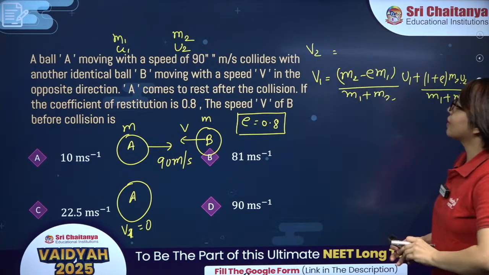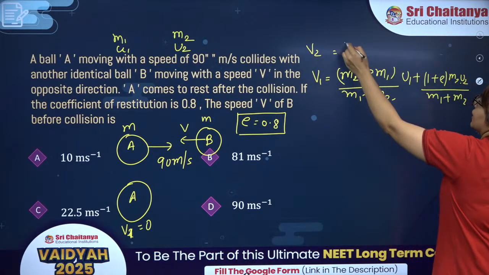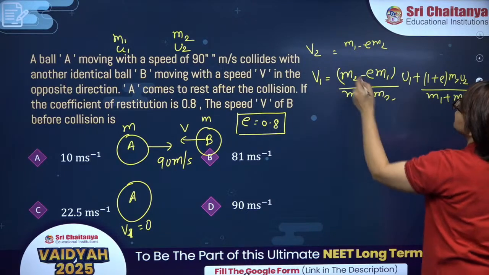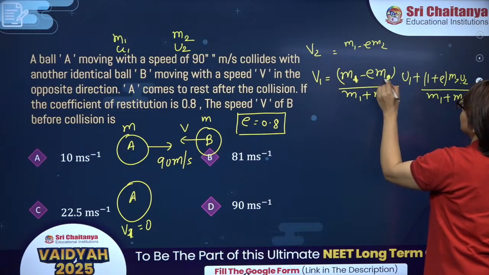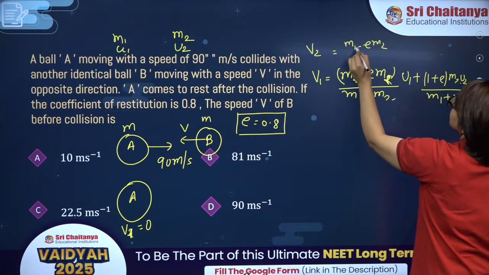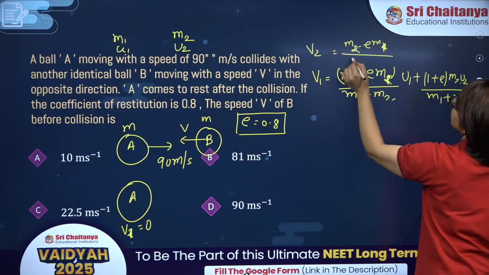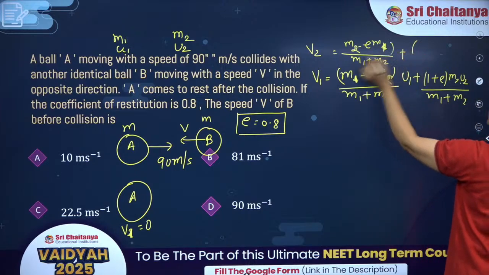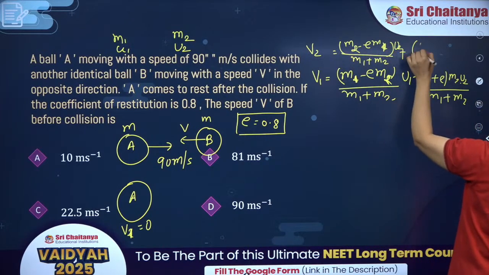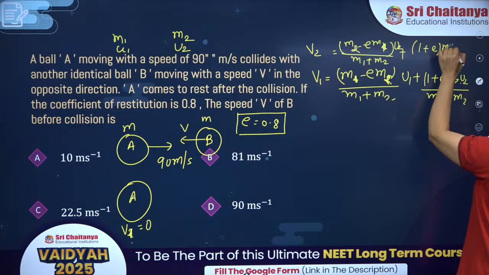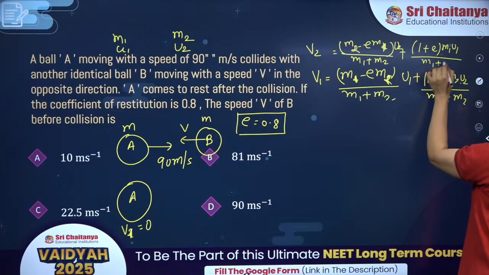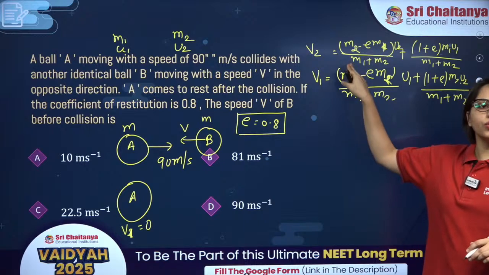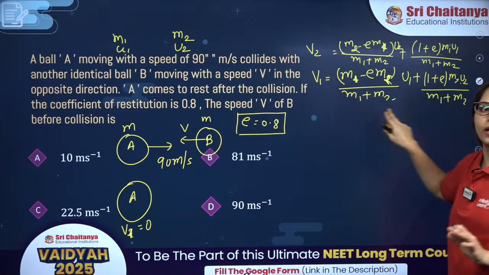The velocity of the mass 2 after collision is (m2 minus e m1) divided by (m1 plus m2) times u2, plus (1 plus e) m1 u1 divided by (m1 plus m2). So that is how we can find v1 and v2 directly. Chaliye.